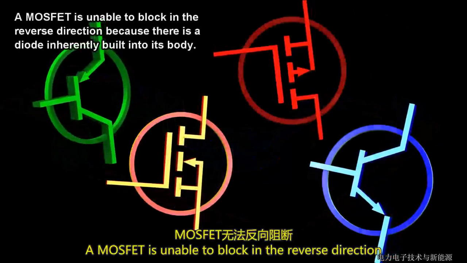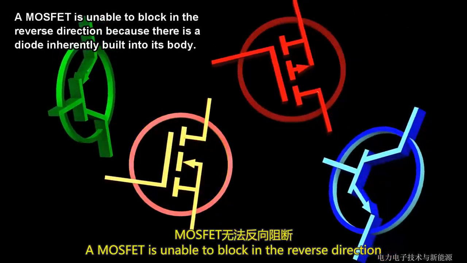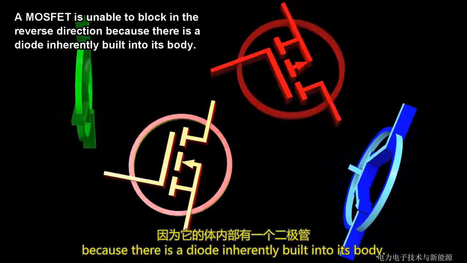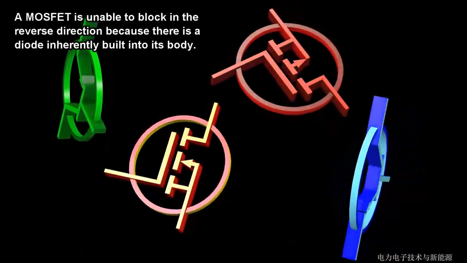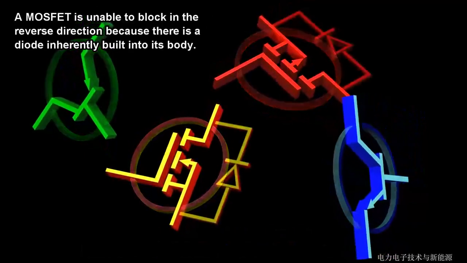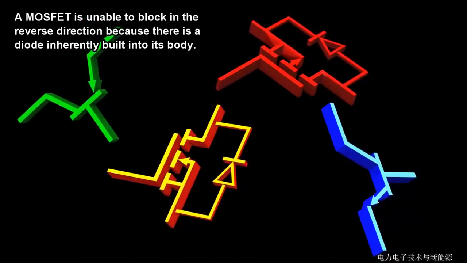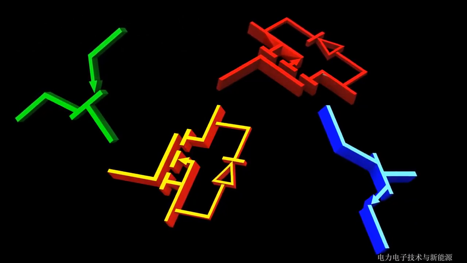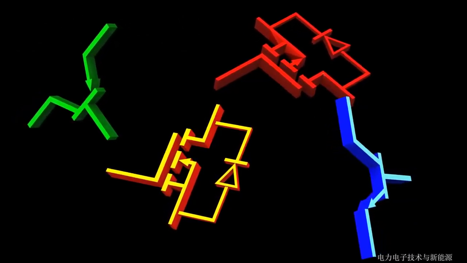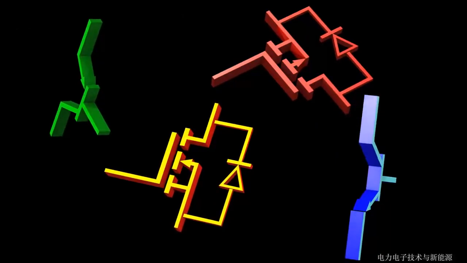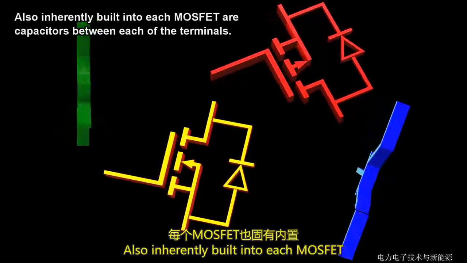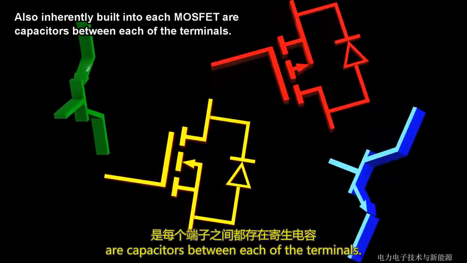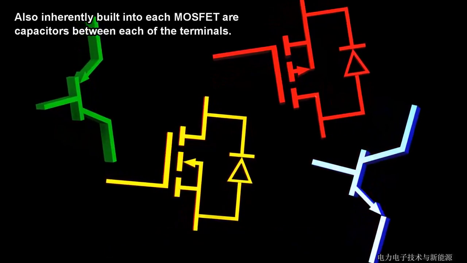A MOSFET is unable to block in the reverse direction because there is a diode inherently built into its body. Also inherently built into each MOSFET are capacitors between each of the terminals.